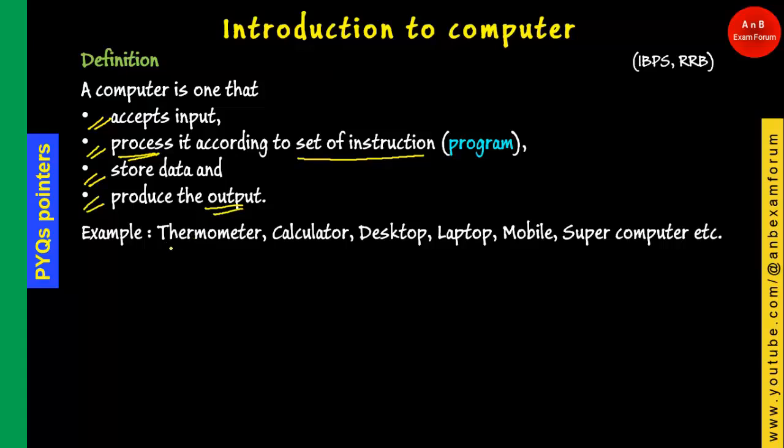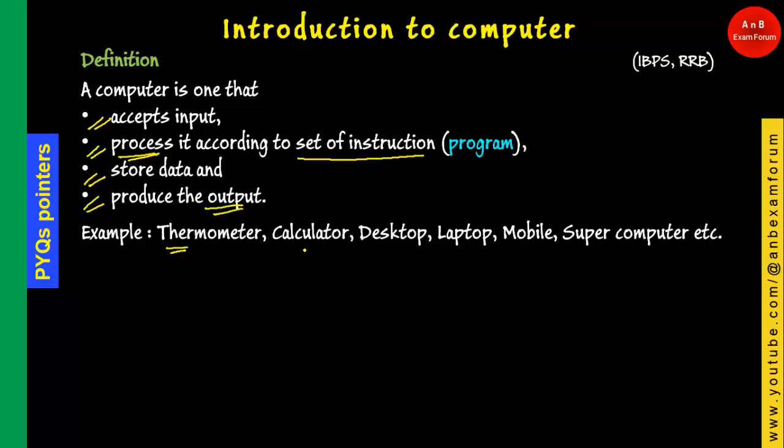So it is some sort of computer. Okay, nowhere am I telling you that only laptops or smartphones are computers. There are many computers which we classify, okay, that we are going to see in some other class, but as of now you just remember a computer is one that accepts input, processes it, produces the output and stores the data.